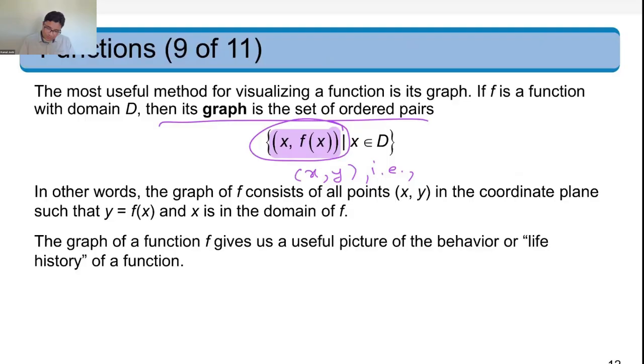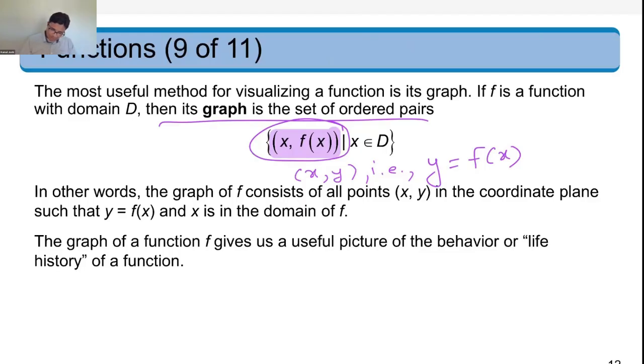In the rectangular coordinate system, when we plot points, we write them as x comma y, x on the horizontal axis, y on the vertical axis. So that y is f of x. That is one of the reasons why we write that equation, y equals f of x most of the times, because f of x, the output value of the function at a point, is the y coordinate.